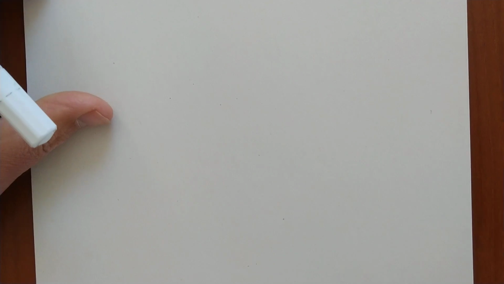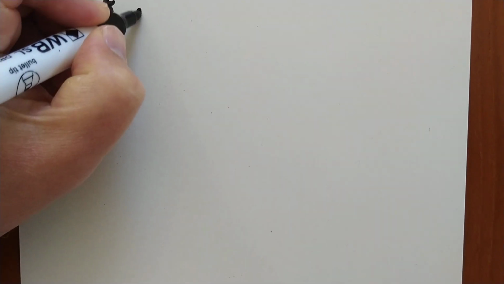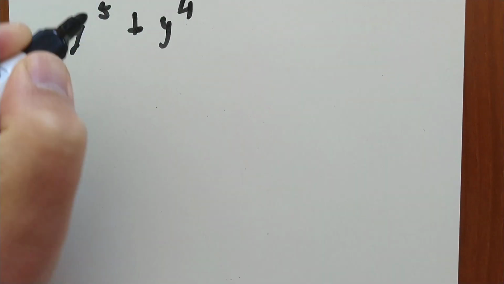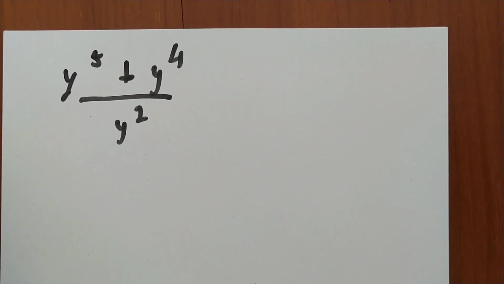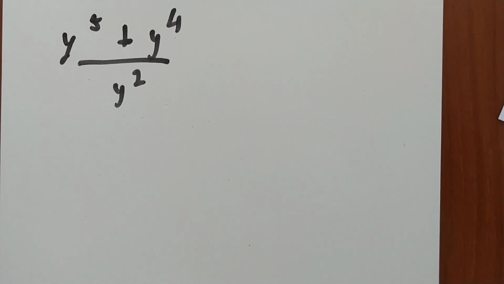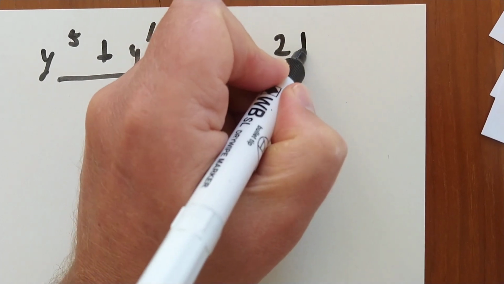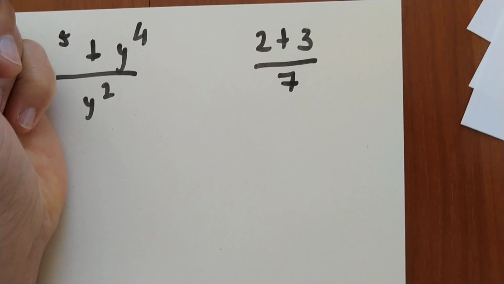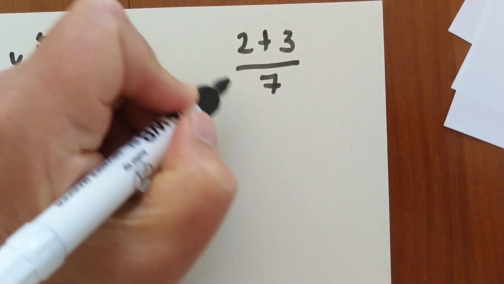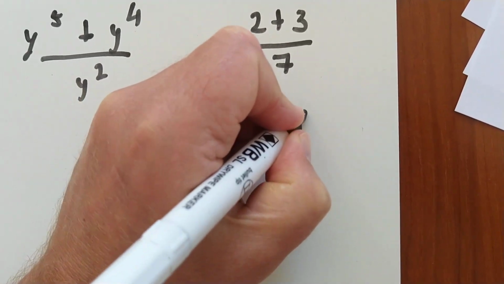What about slightly trickier ones for section B in the assignment? Consider if you had to work out y to the power of 5 times y to the power of 4 over y squared. Well, as an analogy, think back please to when you had to calculate something like 2/7 plus 3/7.